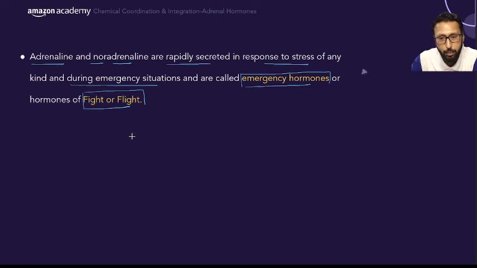Both can be considered emergency conditions. So whenever our body is in emergency conditions, our body secretes these hormones, adrenaline and noradrenaline. These hormones are very important for the fight or flight response, that is the emergency response.